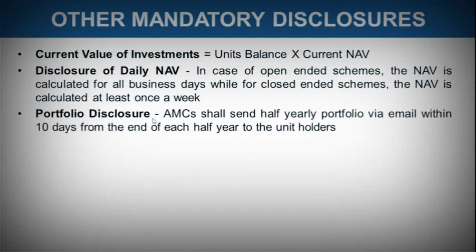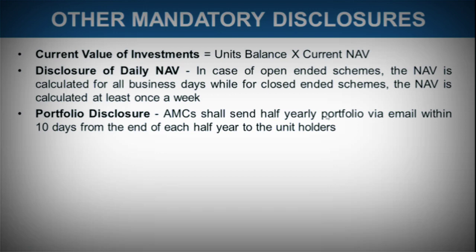Now, portfolio disclosure is also done, and it is done half yearly. An email is sent within 10 days from the end of each half year. Let me remind you that the scheme information document, statement of additional information, and key information memorandum are all annually updated.